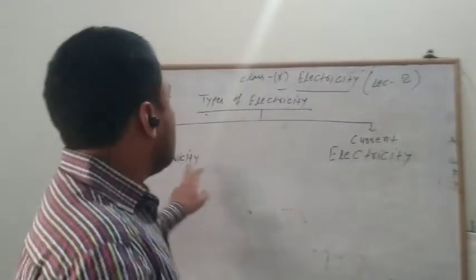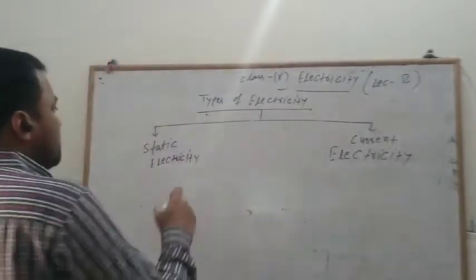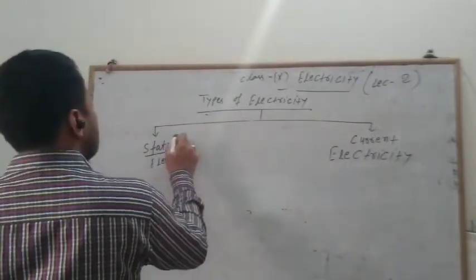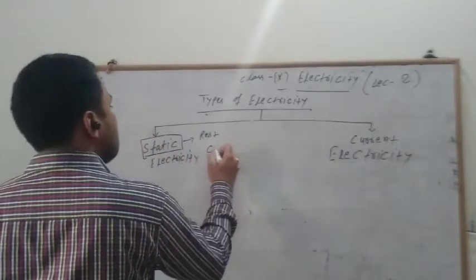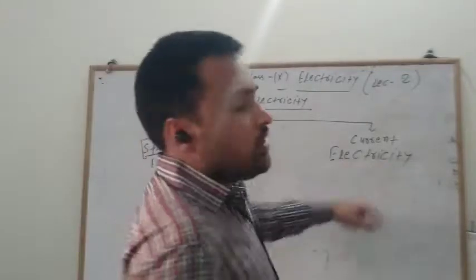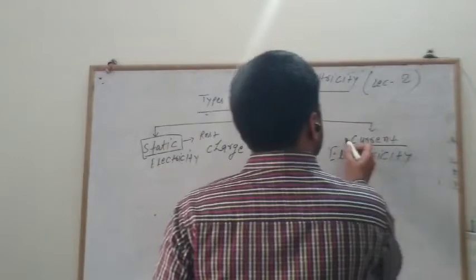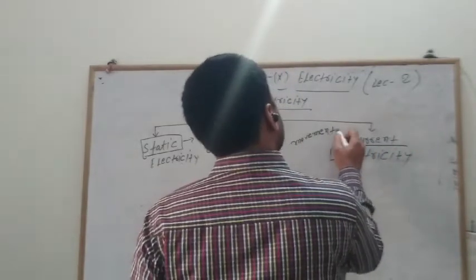What does it mean, static electricity and current electricity? In static electricity, the word static explains rest charge, and in current electricity, current means movement, so it explains the movement of charge.